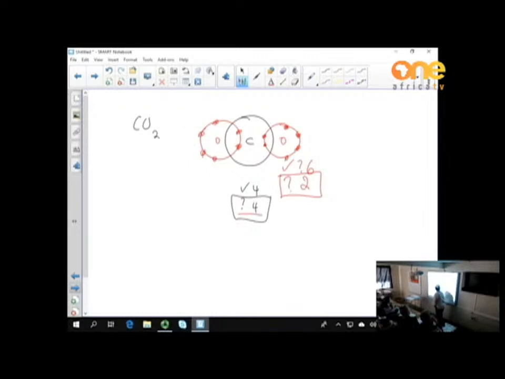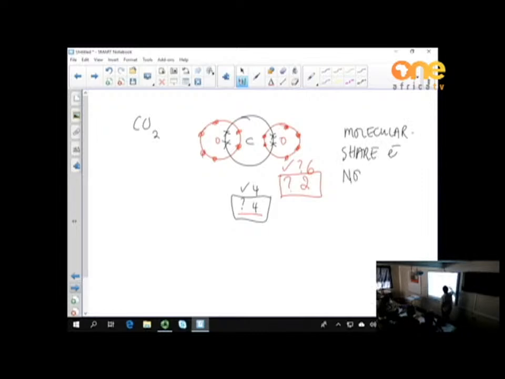So carbon is going to go 1, 2, 3, 4. And there we have carbon dioxide, which is molecular, because it is a sharing of electrons between non-metals.